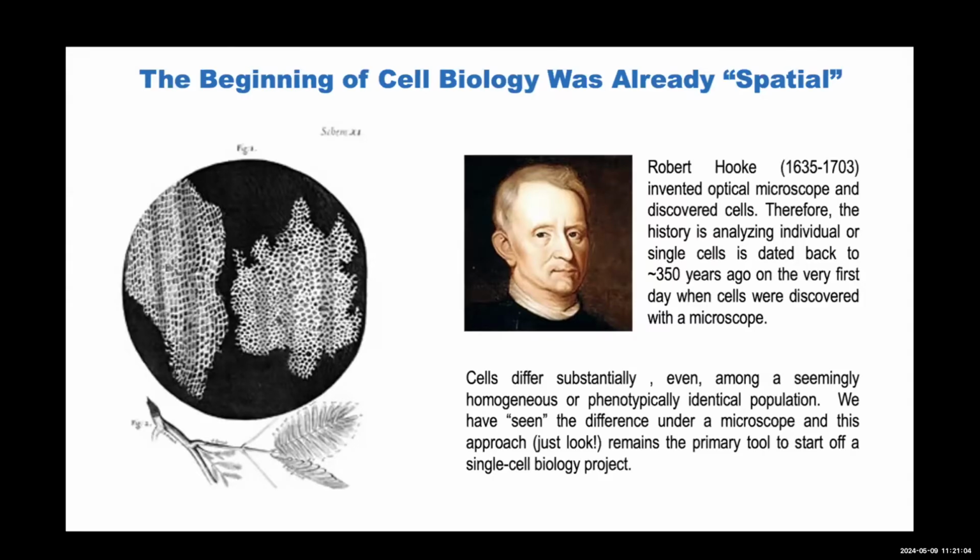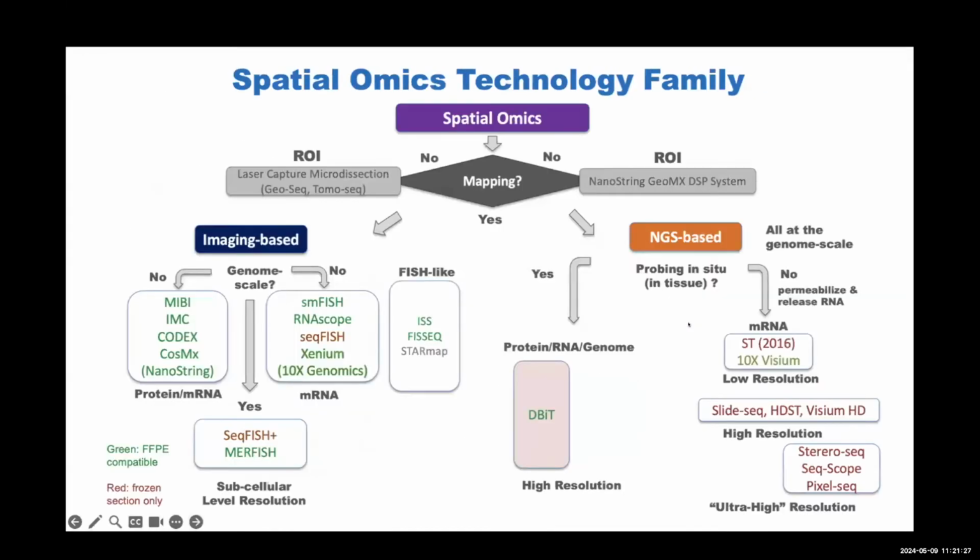You might guess they should have different omic features underlying the different morphology and function depending on the location of the cell. So from the very beginning of cell biology, with the invention of the microscope, we already believed that biology needs to be spatial.